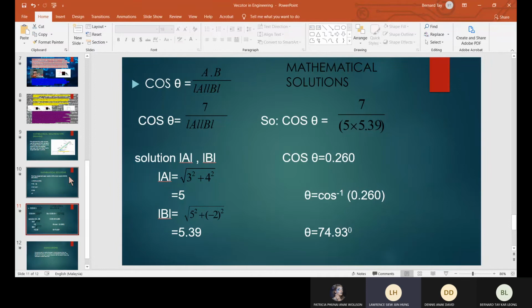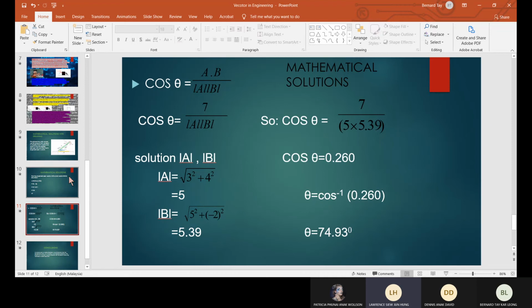Magnitude B is the square root of 5 squared plus open bracket negative 2 close bracket squared. The answer will be 5.39. So now we put the answer in the formula: cos theta equals 7 over 5 times 5.39. It will be cos theta equals 0.260.